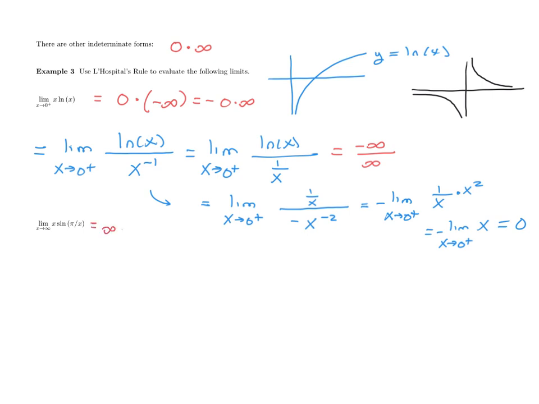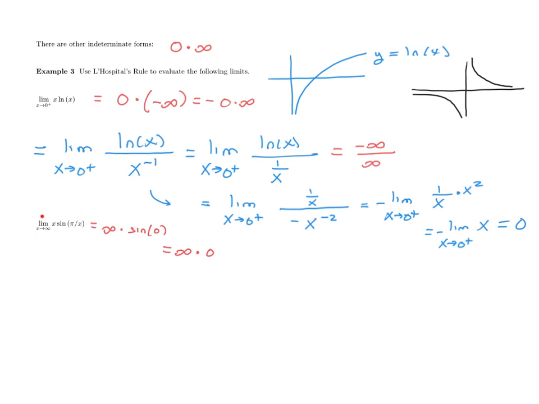This is an infinity times. What happens to sine of pi over x as x goes to infinity? Pi over x goes to 0, so this is sine of 0. And sine of 0 is 0. So this is a 0 times an infinity, which is an indeterminate form.